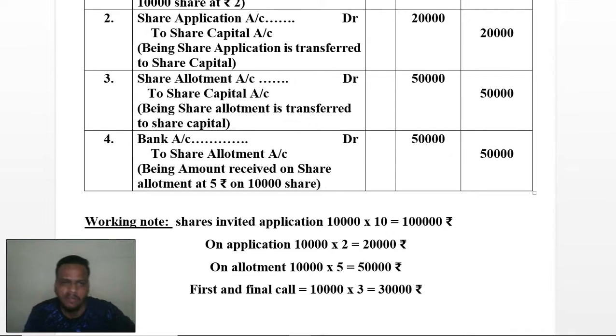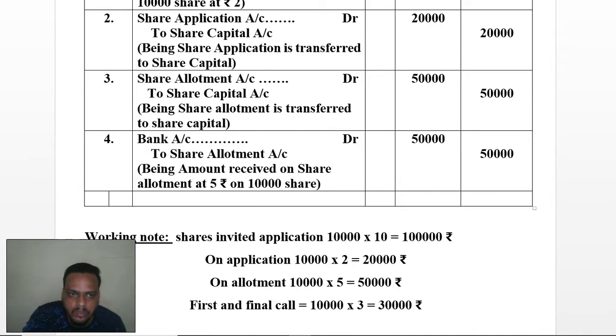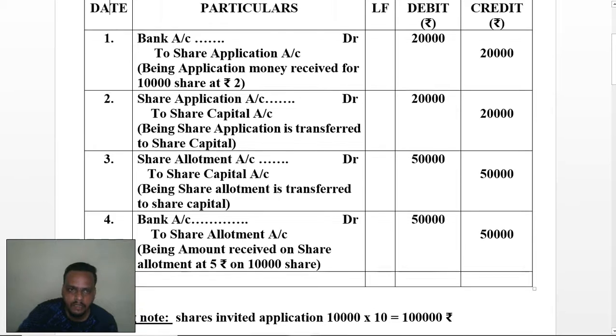The narration should be relevant. It is not necessary that whatever is mentioned has to be written exactly as it is. It can be relevant, but it should be clearly summarized so that the entry you are putting has the same concept. So now as we have entered 4 entries, you can see very carefully that bank account debit to share application was received earlier.